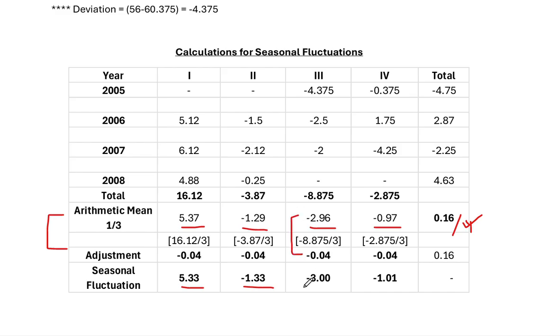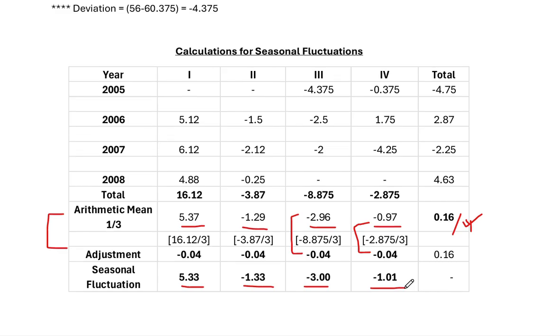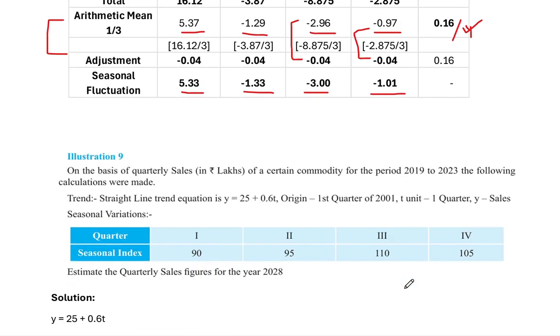So fluctuation data is minus 3. Minus 0.97 minus 0.04. So fluctuation data is minus 1.01. So guys, this solution is end. Hope you will get clearly. Now coming to the next question.